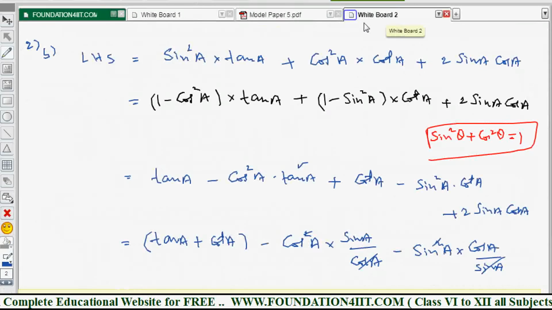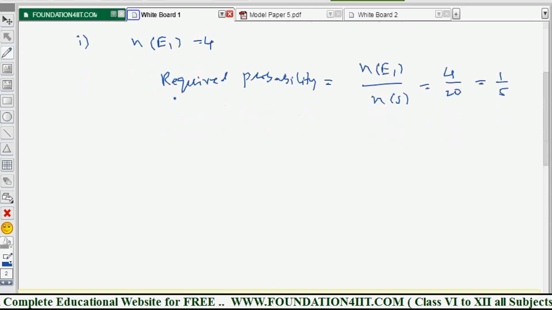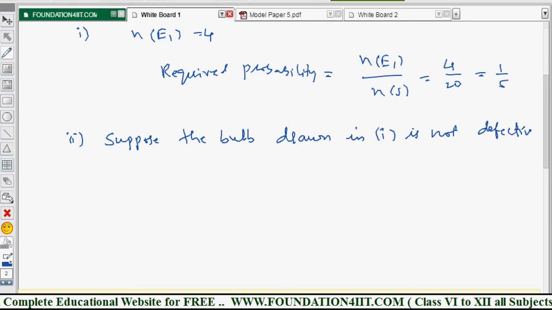If you see, the condition is, let me write here: suppose the bulb drawn in 1 is not defective and is not replaced.